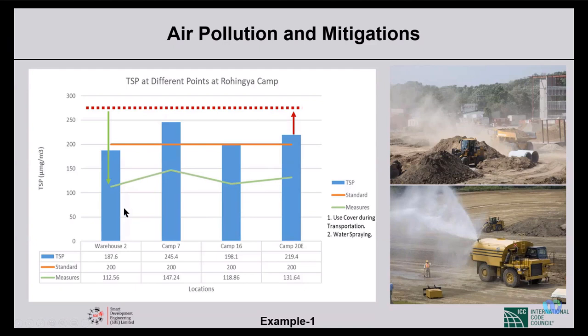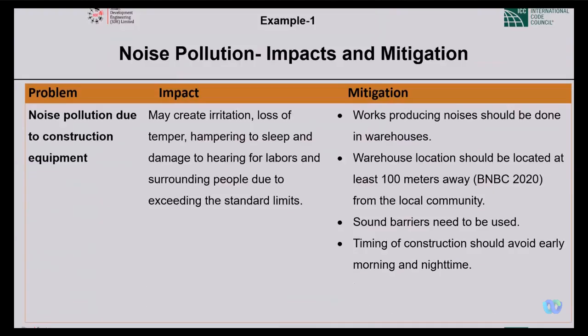The baseline is blue, the standard line is red, and then with the interventions of construction, at the time of the construction, pollution added particles will rise up to the dotted red lines. With the mitigation plans, we are able to lower it down. This is a clear understanding of how we can reduce it, and that is important for our building.